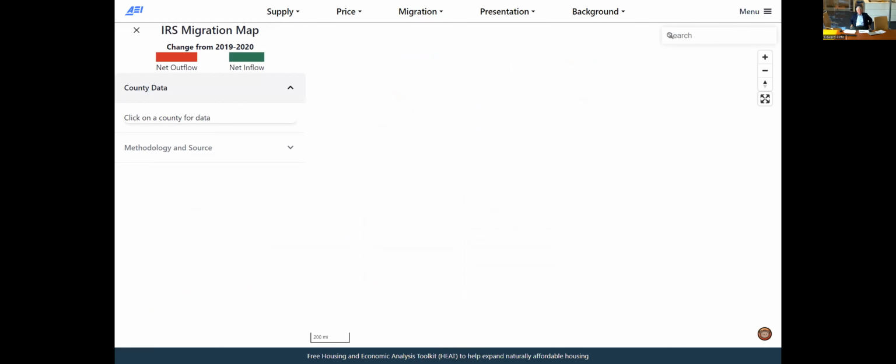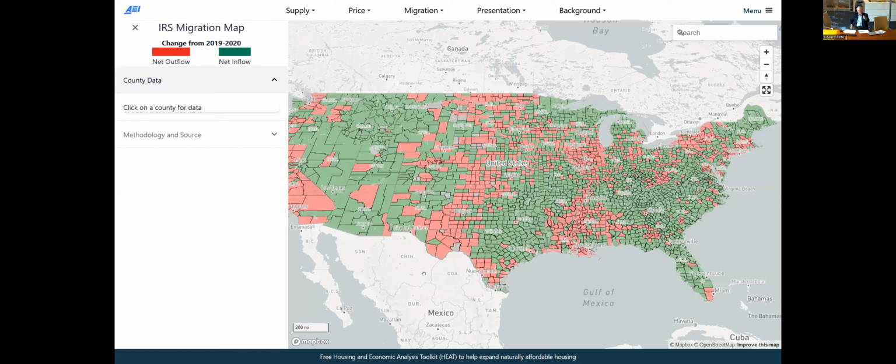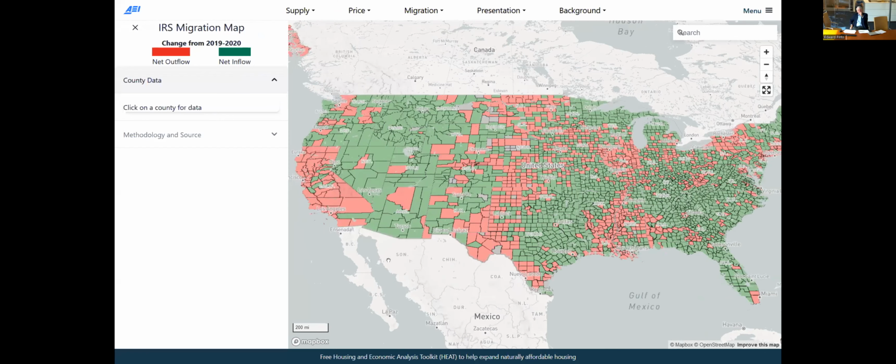So a bit about IRS migration. This is a very useful tool. It goes back to 1990 or so. The IRS publishes anonymous information on taxpayers aggregated up at a geographic level, and it basically says how many exemptions, they're counting exemptions, both the taxpayer, if there's 1 or 2 taxpayers, and any exemptions in addition to the taxpayers, how many exemptions were filed, and where were those exemptions filed in, say, 2019 versus 2020?